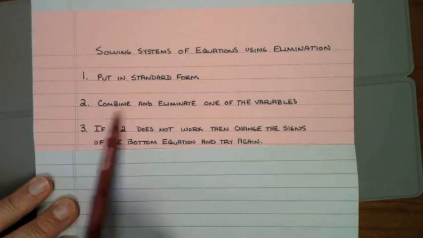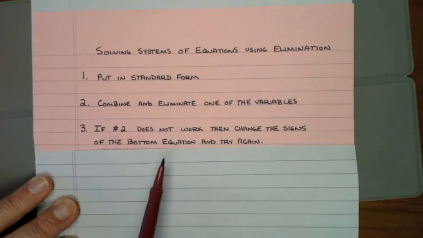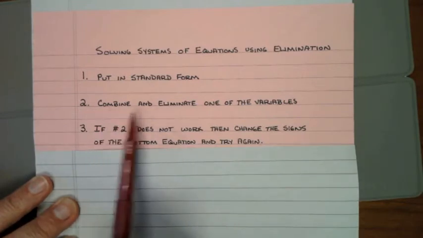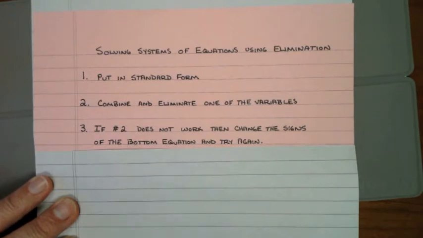If that doesn't work, then you need to change the signs of the bottom equation and try again. Simply change the sign of everything in the bottom equation and try again. Then combine them together and see if one of the variables is eliminated.